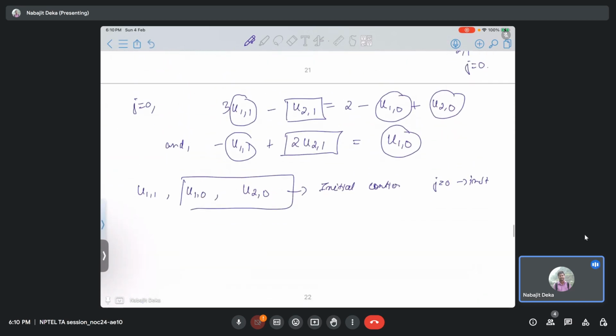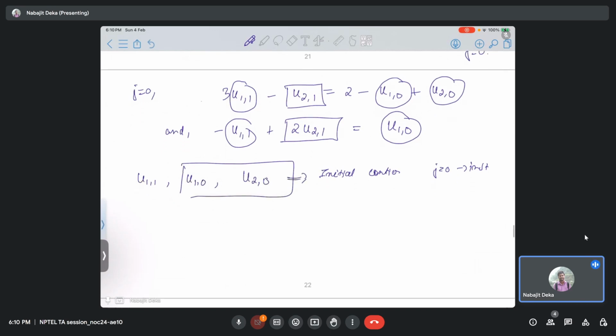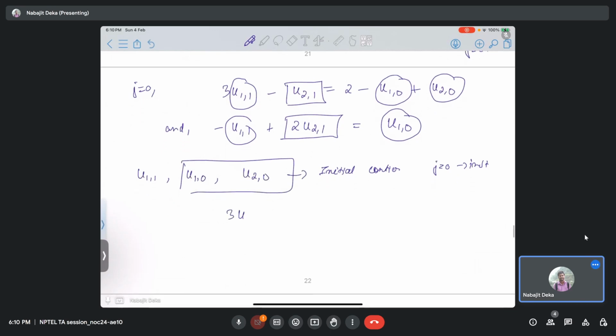Okay. So what we have here now: 3 u1 comma 1 minus u2 comma 1, 1 comma 0 is 1.4, u2 comma 0 is 1.8, minus u1 comma 1 plus 2 u2 comma 1, 1 comma 0 is 1.4. So we have two equations and two variables now.